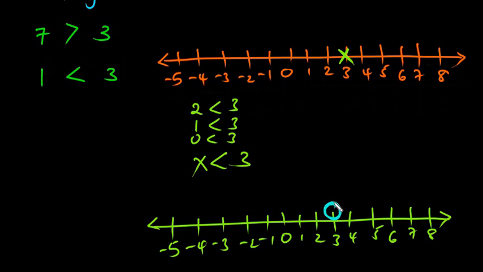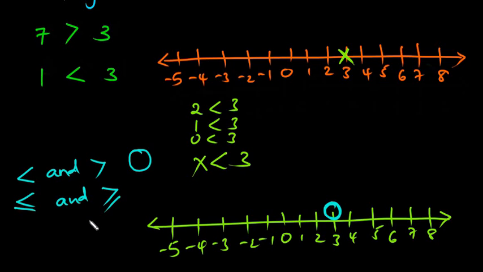When you use the symbols less than and greater than, we use an open circle. When we use the signs less than or equal to and greater than or equal to, we use a closed circle. We shade it that way.